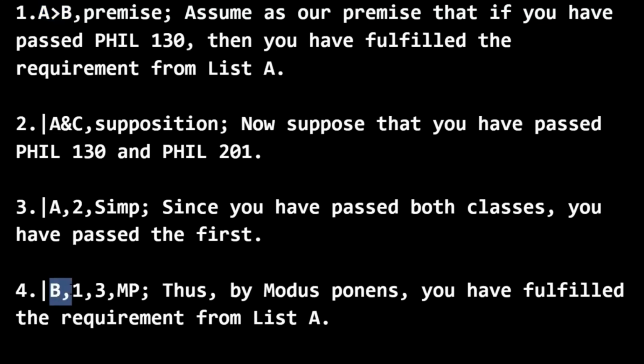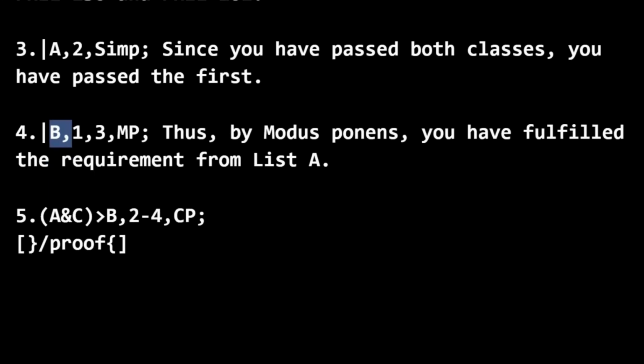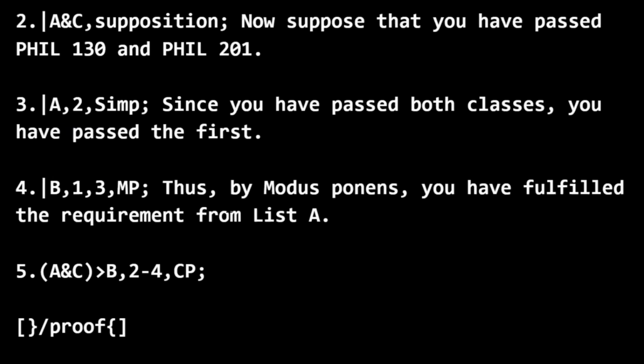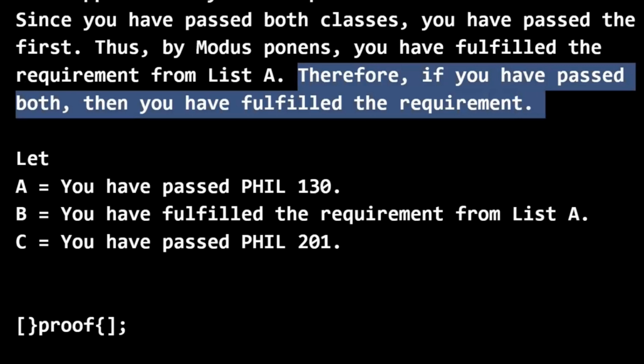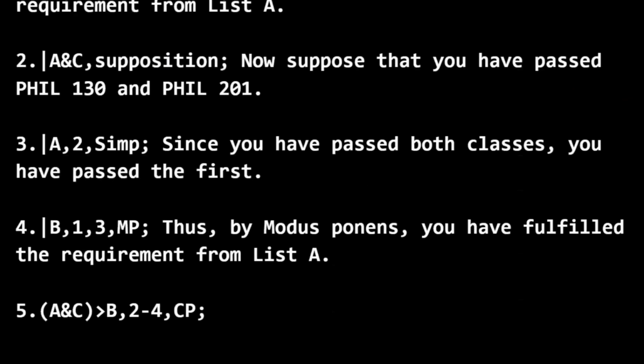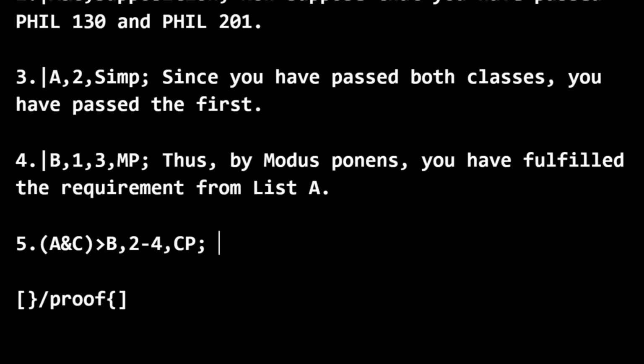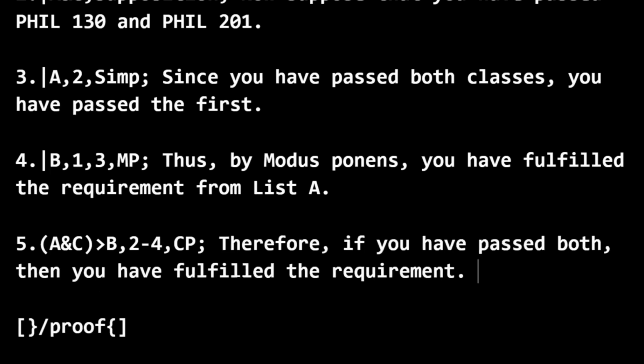Okay. And then finally, we get to our conclusion. Therefore, if you pass both, then you have fulfilled the requirement.